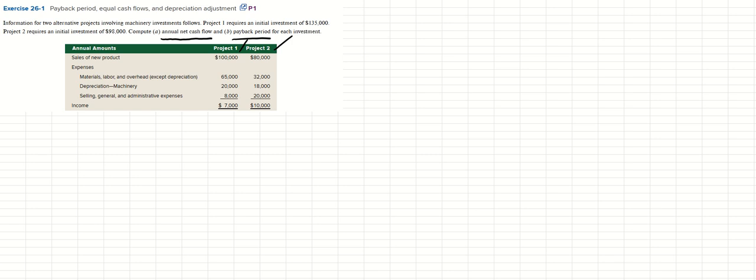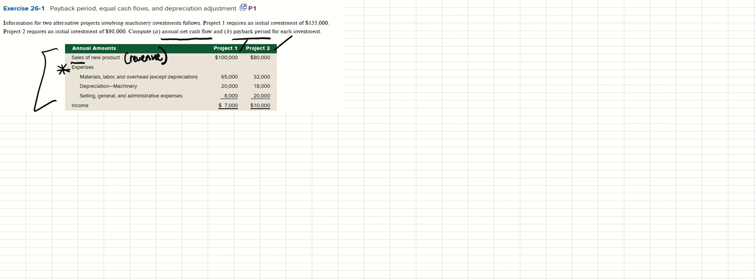In this chart, we are provided with both of the projects' projected revenue, which comes from the sales of the new product, and also the projection of the total expenses for materials, labor, and overhead, depreciation on the machinery, and selling, general, and administrative expenses.